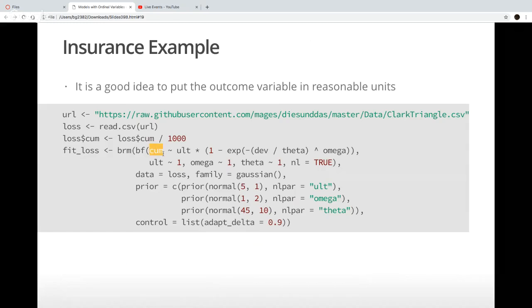So here we're saying the cumulative loss is some scale factor that's in the data, ULT, that I can't remember what any of these stand for, but anyway, there's this basically exponential CDF with an omega power exponent on it to get the conditional mean of the cumulative loss that people who had insurance policies through this company cost the insurance company, not counting premiums, although the premiums variable is in the data set as well.